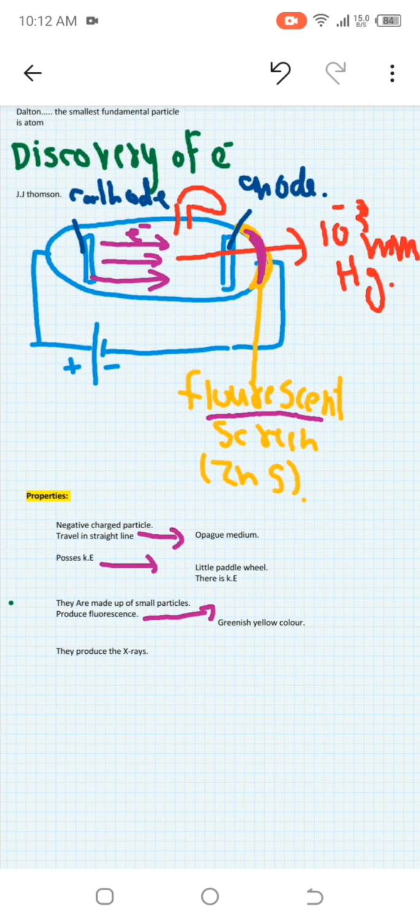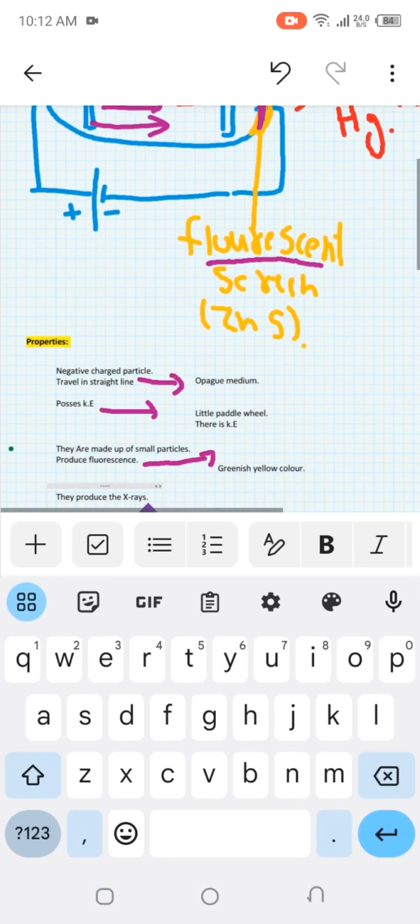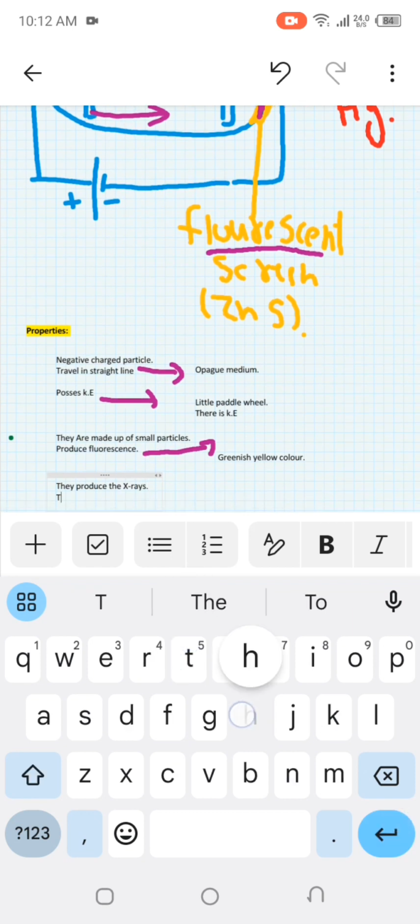Then a ray, a radiation, came out. So those were named X-rays. We simply said that they produce X-rays and they also ionize the gases.